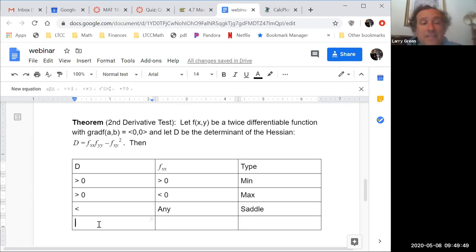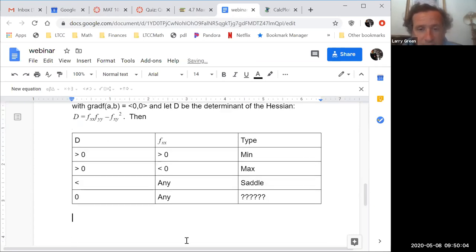And what's left? If D is 0 and fxx is any, then we don't know. So test fails. So that's the big theorem, the second derivative test theorem.